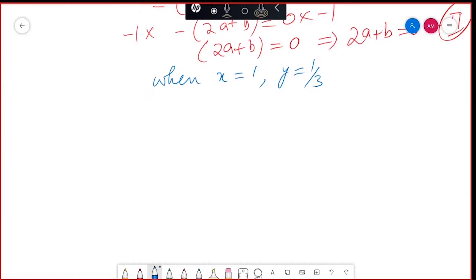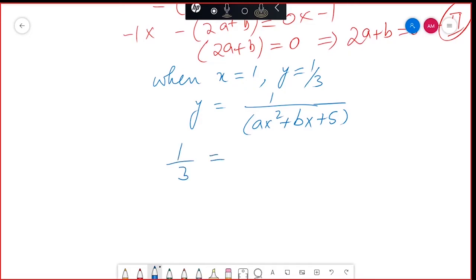So we had the equation y is equal to 1 over ax square plus bx plus 5. So we put that. Let me know what it becomes: 1 over 3 is equal to 1 over a plus b plus 5. What would be the next step?